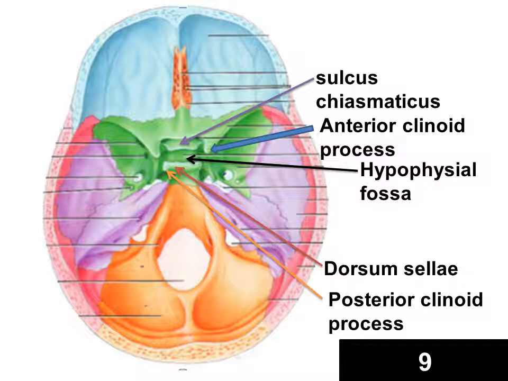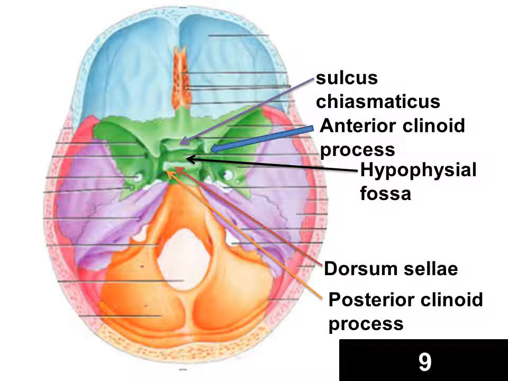Behind this hypophyseal fossa, the body of the sphenoid presents a quadrangular plate which projects upward and is part of the sella turcica. We call this the dorsum sellae. It has a supralateral angle, meaning the superior lateral angle.